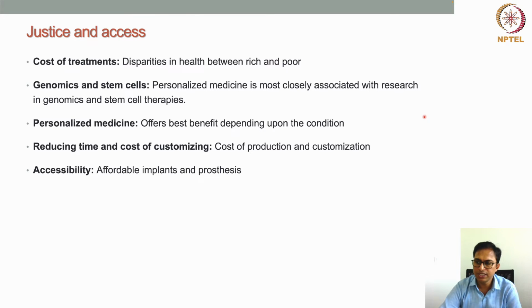Now, most of the cases in India, we cannot manipulate the stem cells. For autologous stem cell transfer, we can collect the patient's stem cells and use them directly without any in vitro expansion or manipulation, and put them into the patient.